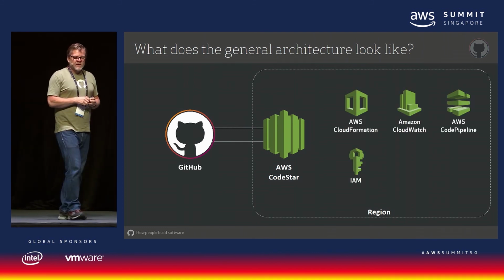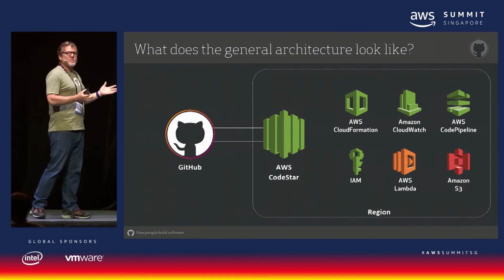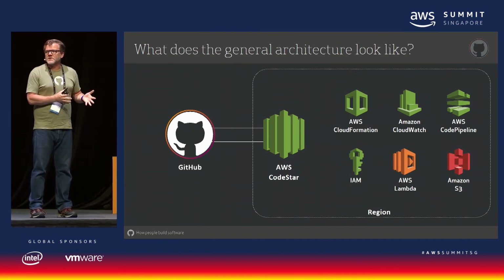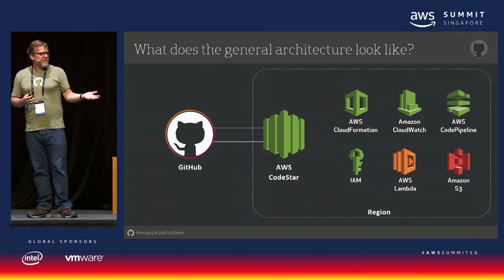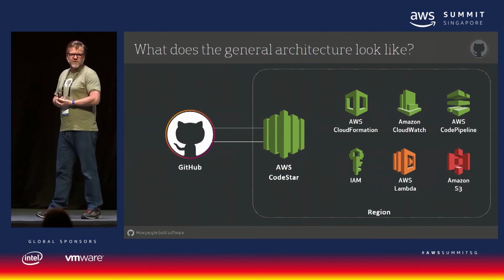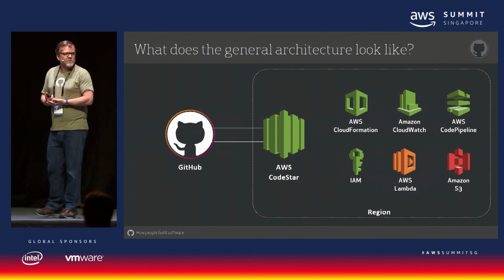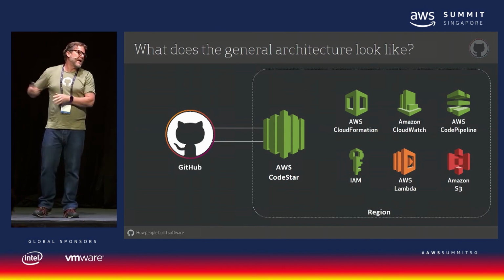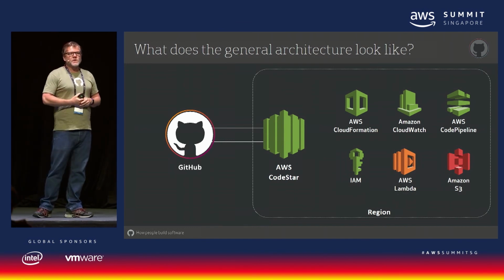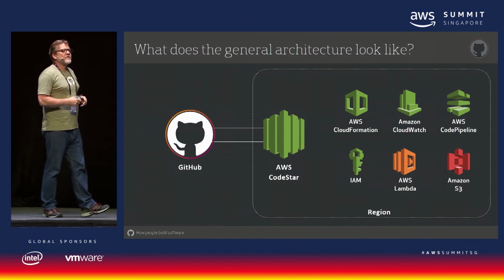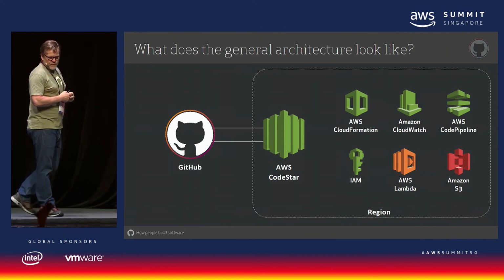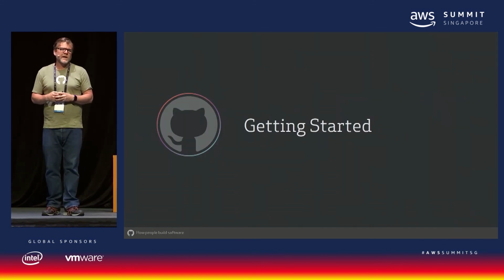Once it's done that, it figures out everything it needs and builds those particular resources. It can be something like, as I said before, an S3 bucket or an AWS Lambda function. If you're just updating the Lambda function, then we'll just update the Lambda function for you. If you've decided that you need another S3 bucket, it will go off and create that S3 bucket for you.